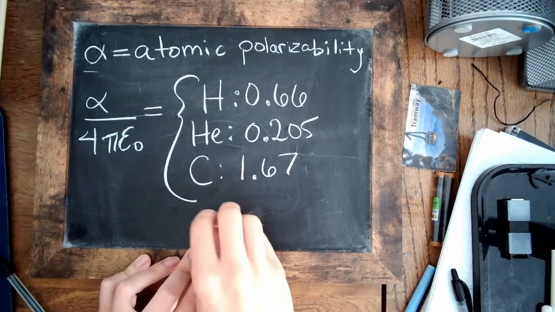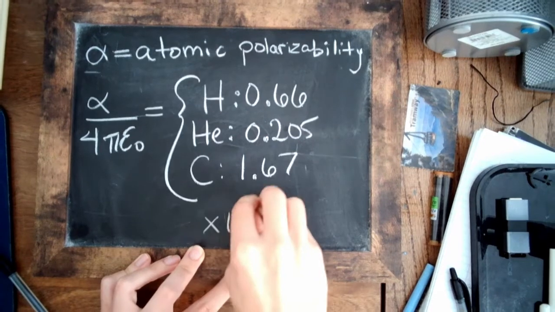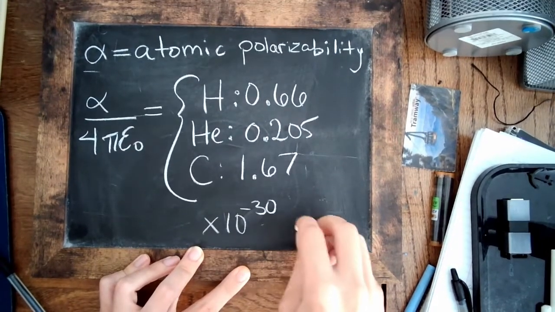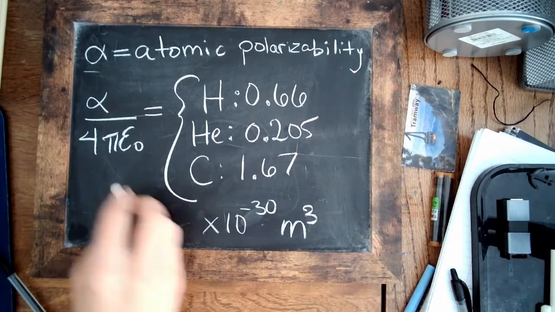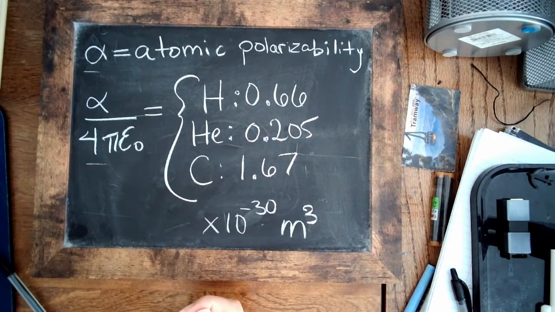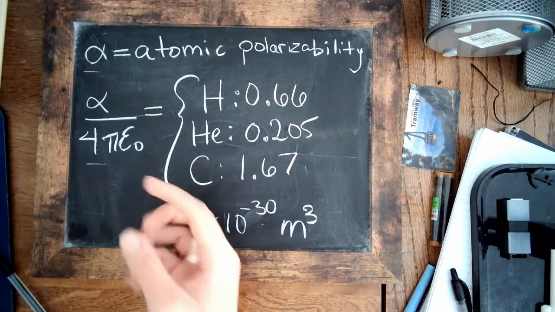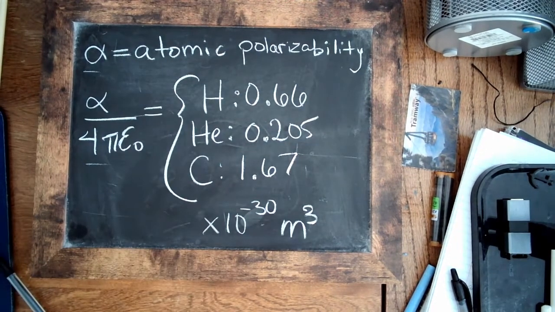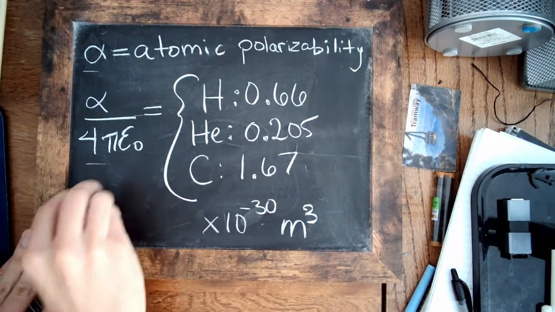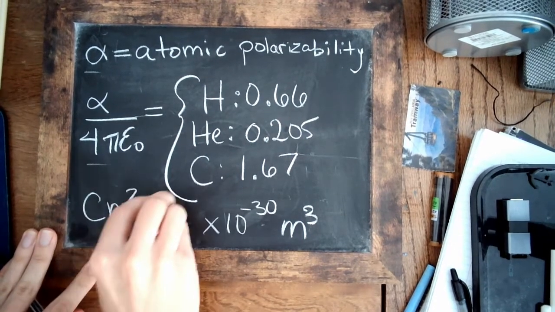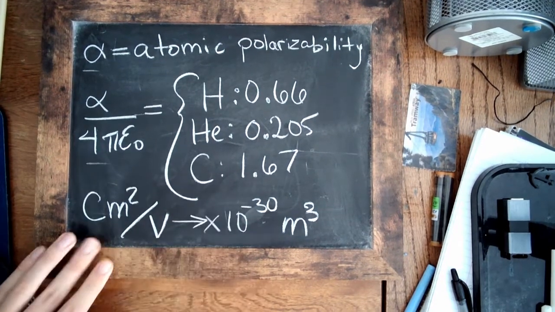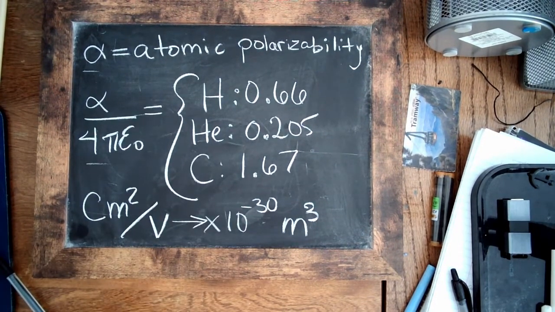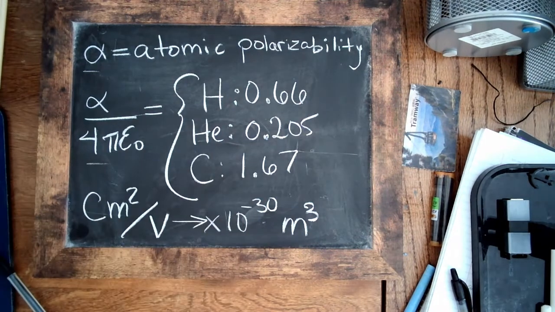Now the units of all these are times 10 to the minus 30, and in this case, in meters cubed. That's because we've reduced it by these constants. Normally, the units of electric polarizability are in coulomb meters squared per volt. But that all gets canceled out and gets changed into just meters cubed. So with some of these numbers in mind, let's do a problem.